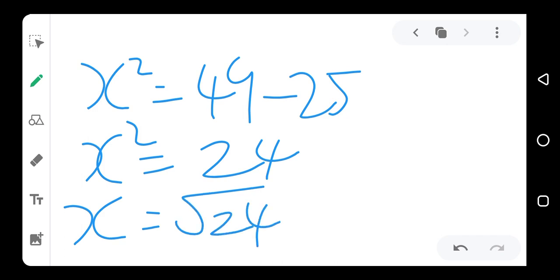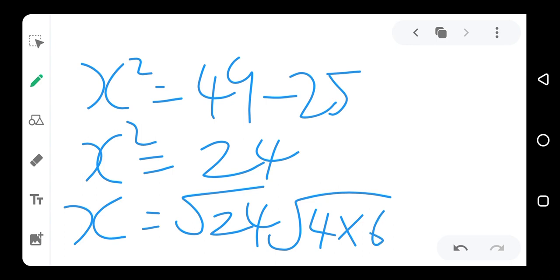Can we get square roots inside it? You say 4 times 6.